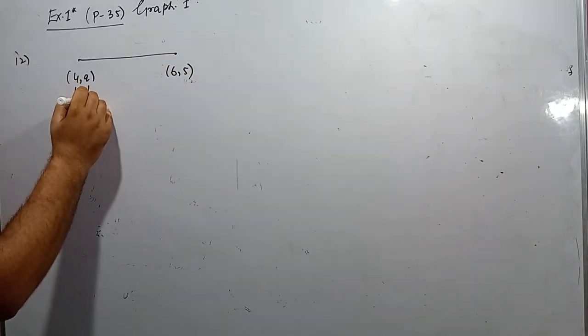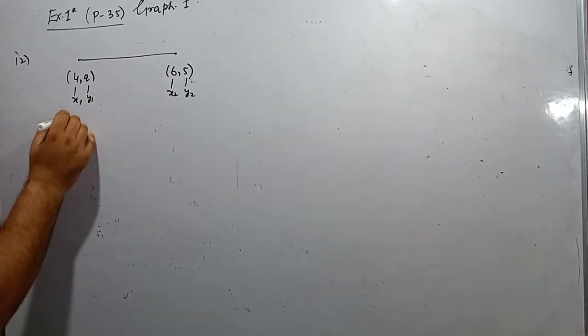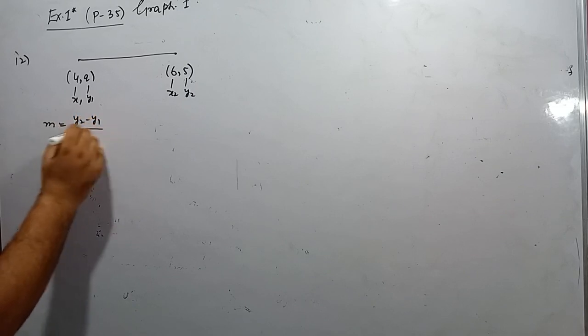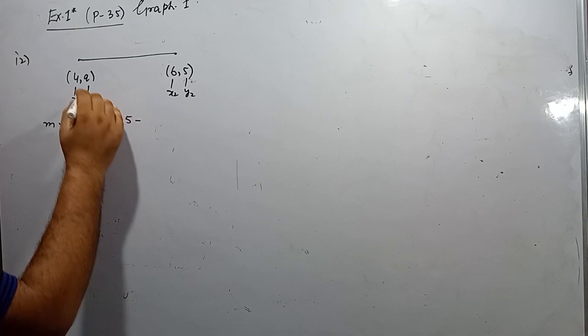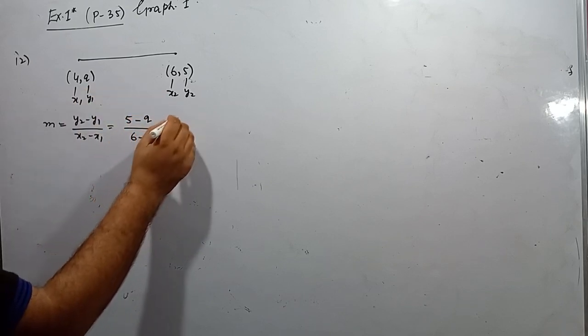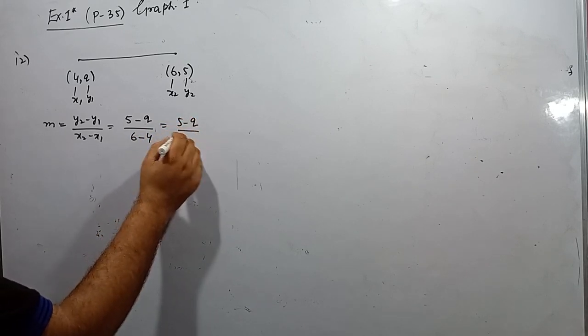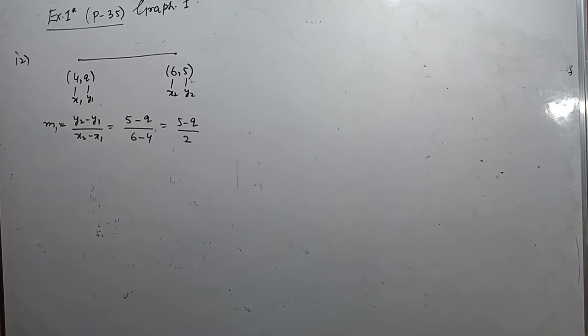This x1, this is y1, this is x2, this is y2. How to find the gradient? We know the formula, y2 minus y1 divided by x2 minus x1. What is y2? That's 5. What is y1? q. 5 minus q divided by 6 minus 4. That's 5 minus q divided by 2. I will write here gradient m1 because this is the first line.